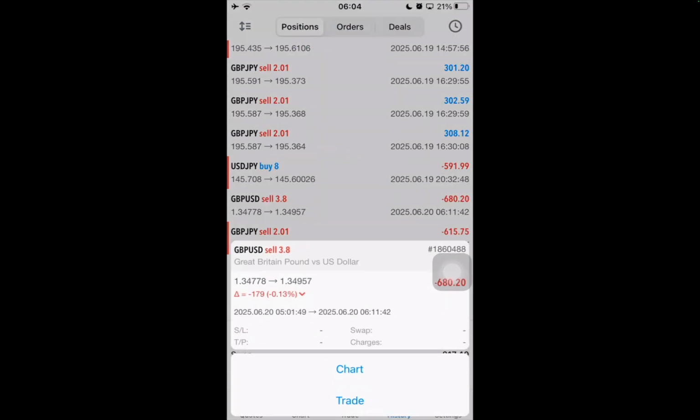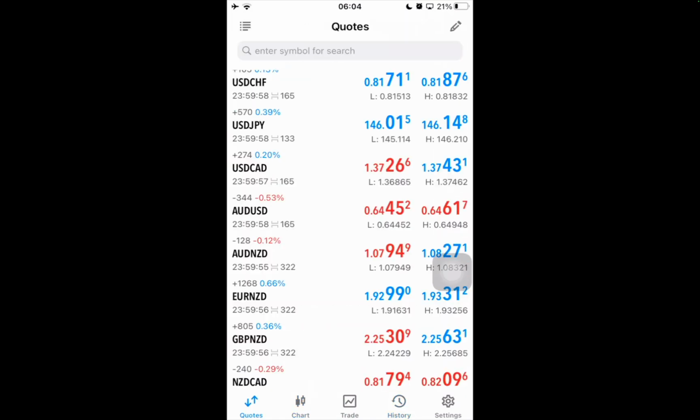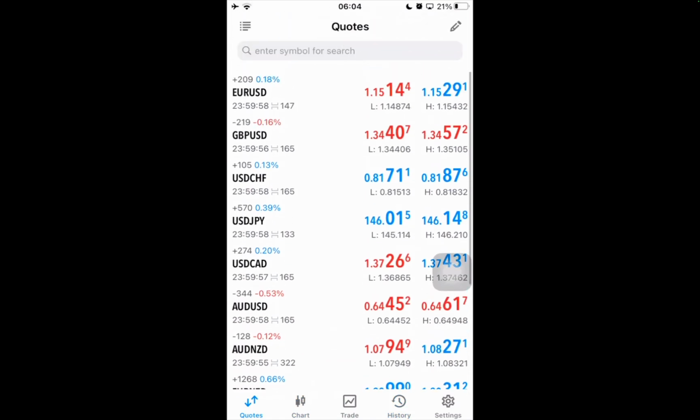This one here, I suppose. I closed it manually. So this was where it was taken. GBP USD.